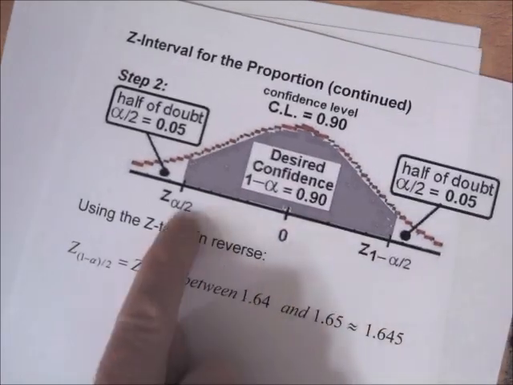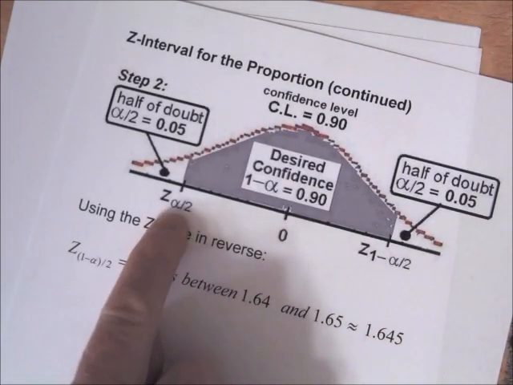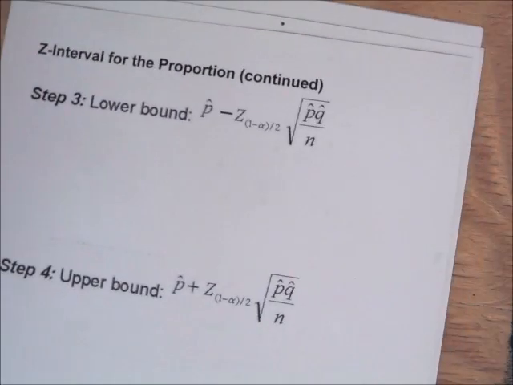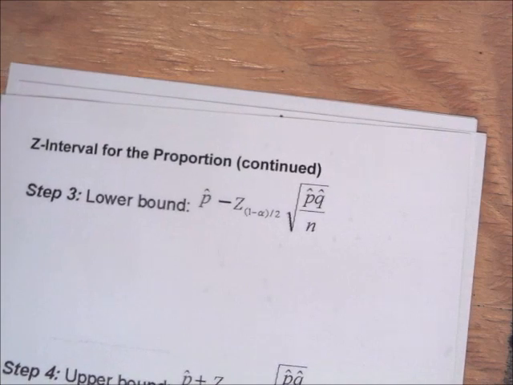Okay, so now we want to find the p hat scores that go with these Z scores. So the lower bound is going to be p hat minus Z times the square root of p hat q hat over n.